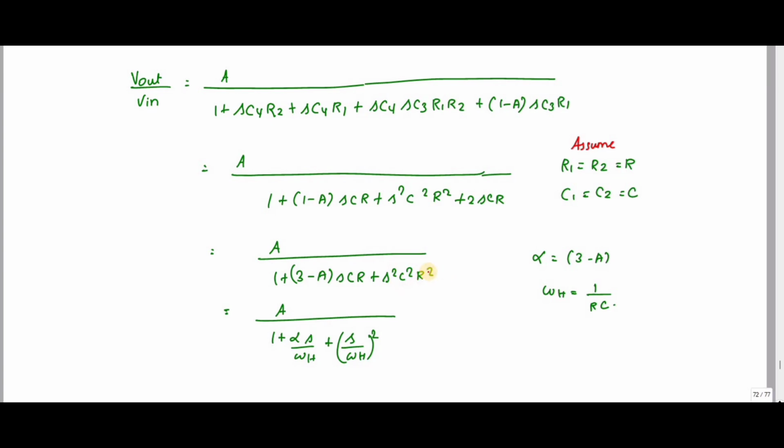Now I can write alpha is equal to 3 minus A, and omega h is equal to 1 divided by RC. So instead of RC, I am going to substitute 1 by omega h, and here also I am substituting omega h square.